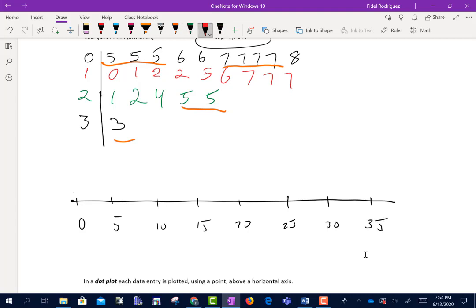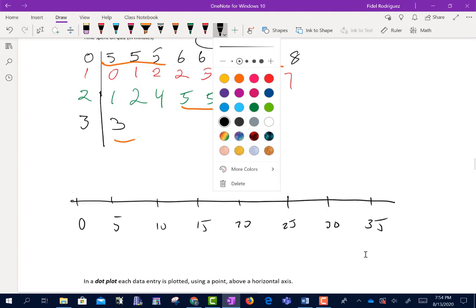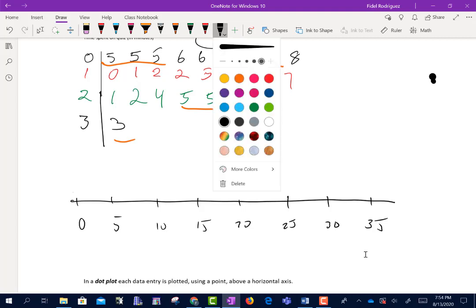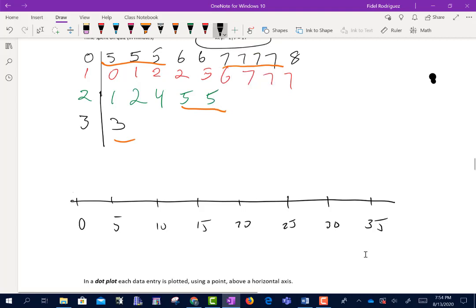Now we're going to make our dot plot. So I have 3 students that took 5 minutes, so at 5 I put 1, 2, 3. Where the 6 is, right here, I go 1, 2. At 7, 1, 2, 3, 4. At 8, it would be 1.